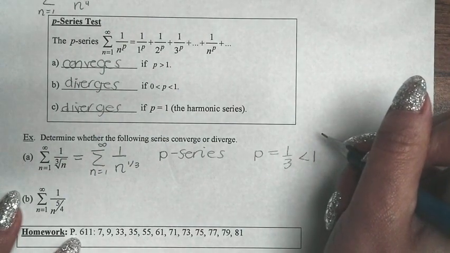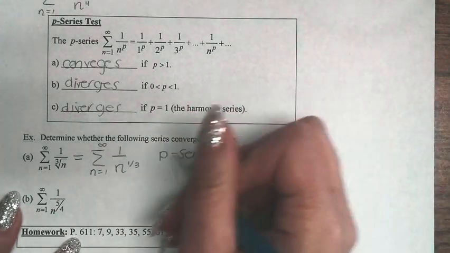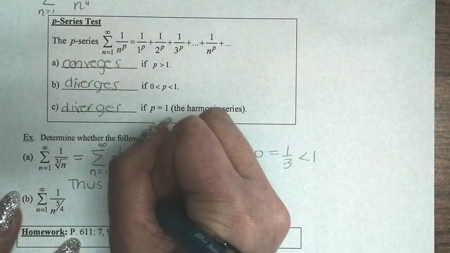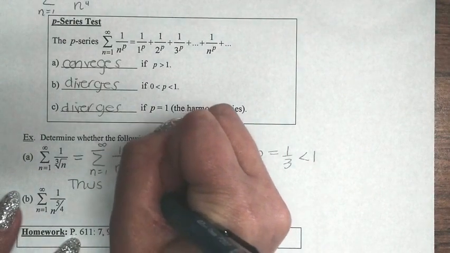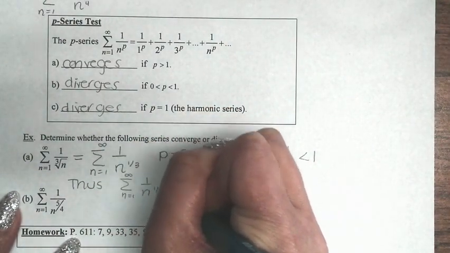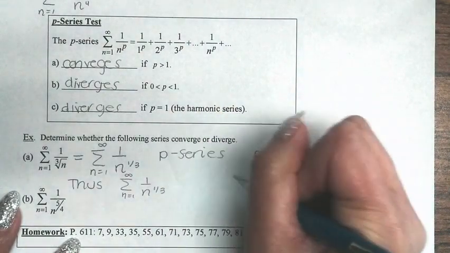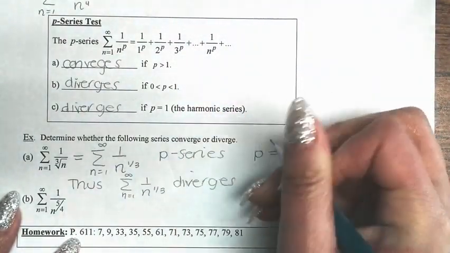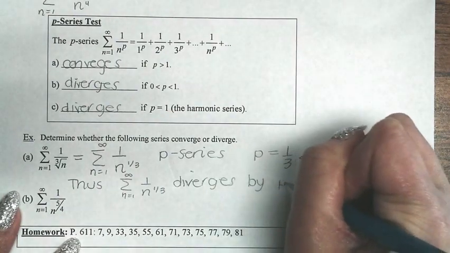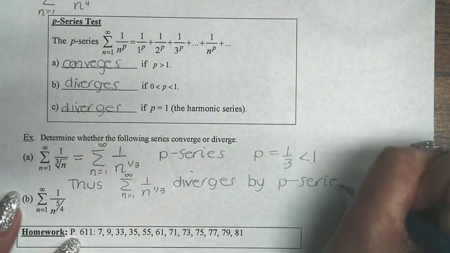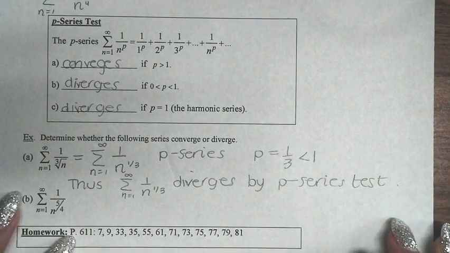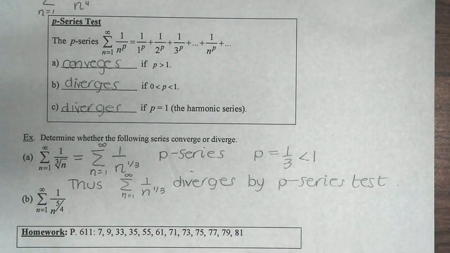So you can conclude that this p-series diverges by the p-series test. Isn't that simple? So that's what you have for this one.